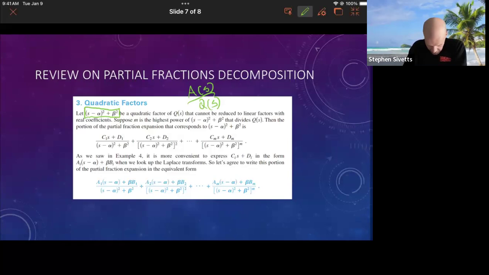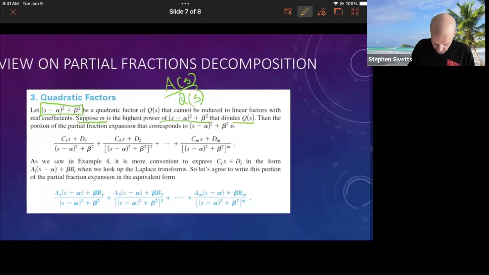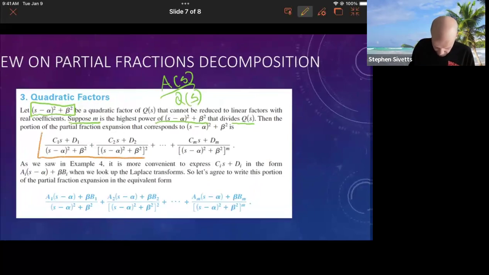Okay. And then suppose that m is the highest power of s minus alpha squared plus beta squared that divides Q of s. Okay, then the partial fractions decomposition will look like this.